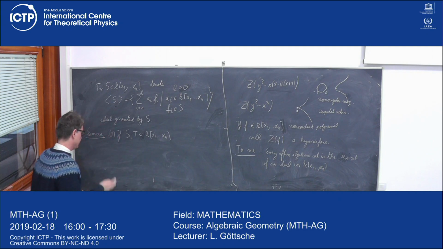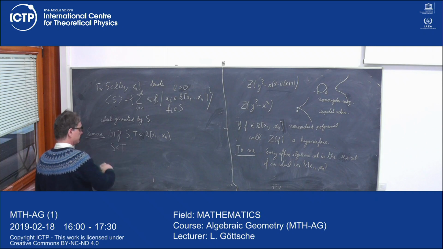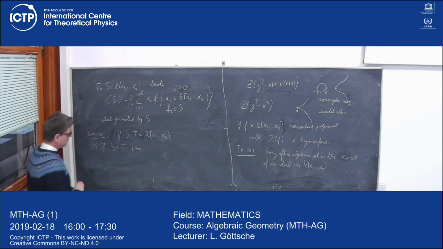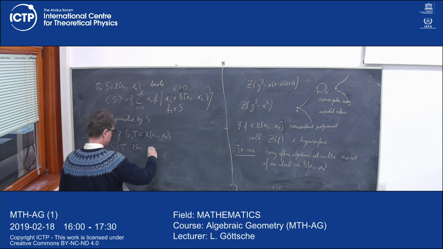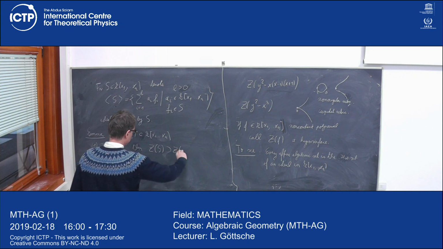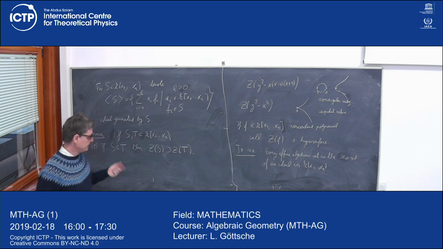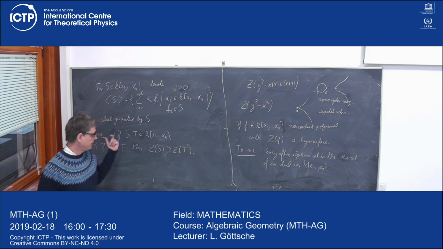The first thing, which should be clear, is that if S is contained in T, then the zero set of S contains the zero set of T. I mean, the point is, the zero set of S is the set of all points in A^n where all elements of S vanish.